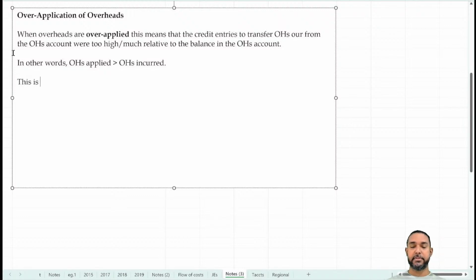So what will happen is that this will leave a credit balance in the overheads account.